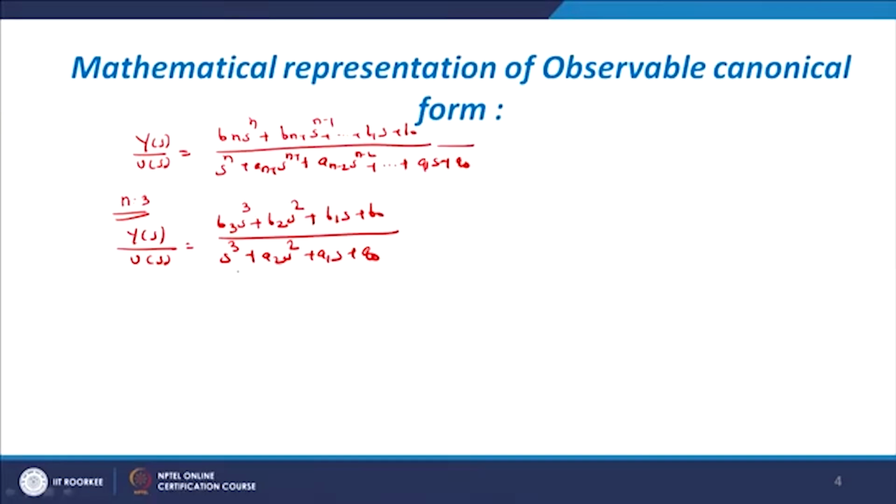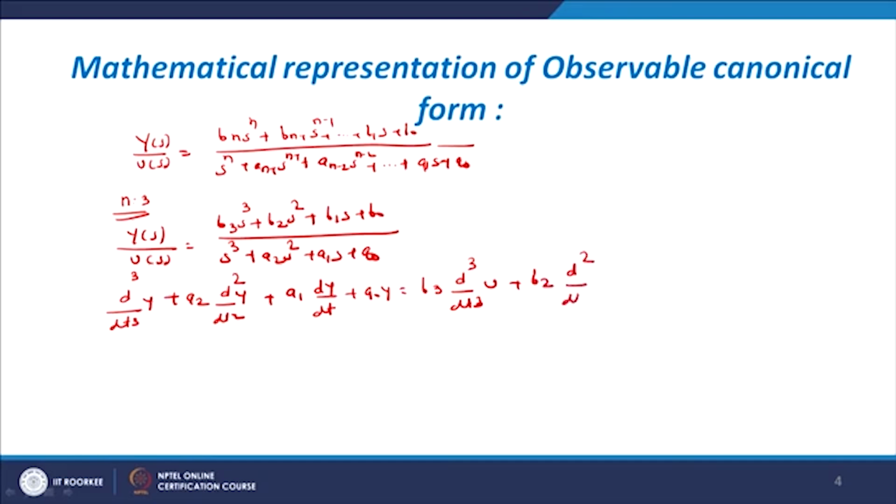We write a differential equation for this: d^3y/dt^3 plus a2 d^2y/dt^2 plus a1 dy/dt plus a0 y equals b3 d^3u/dt^3 plus b2 d^2u/dt^2 plus b1 du/dt plus b0 u.